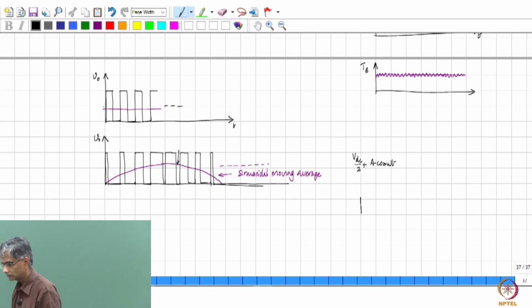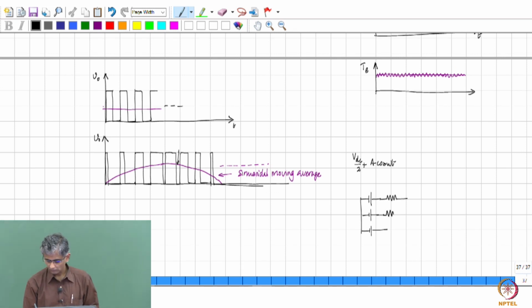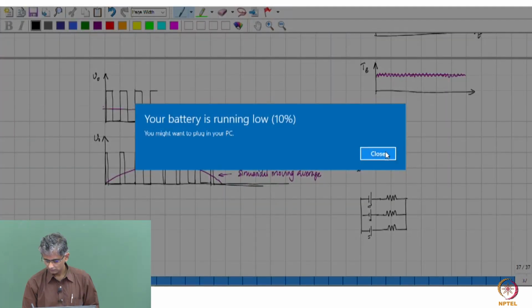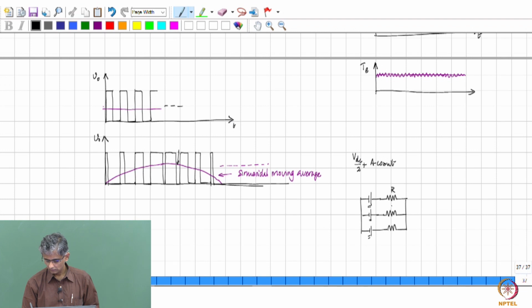Let's say that you have a circuit and consider resistors here. All these DC voltages are equal, and let us say all these resistances are also equal. How much will be the flow of current here?